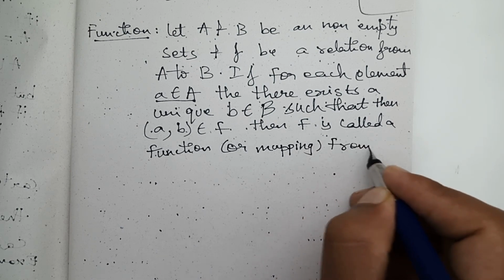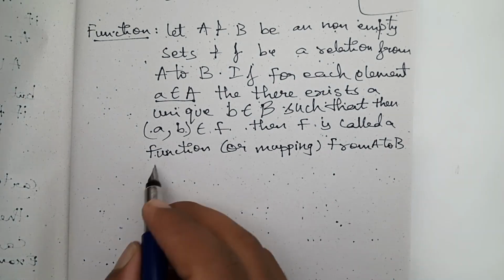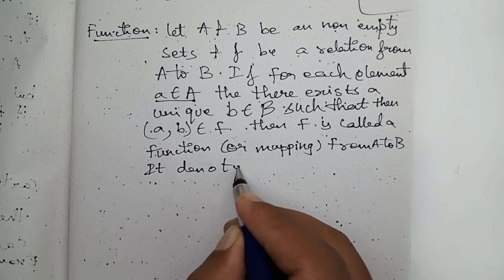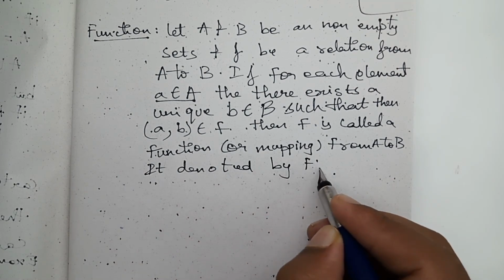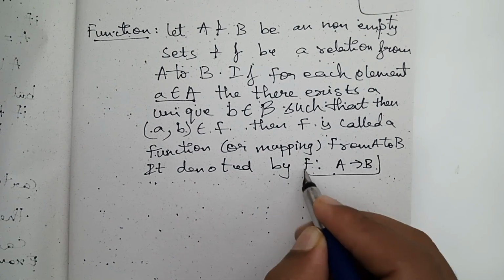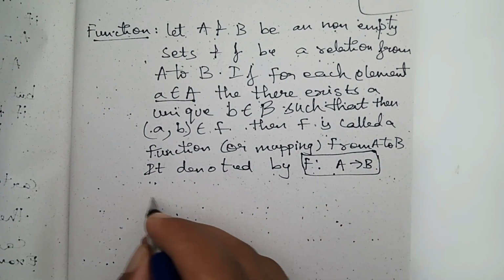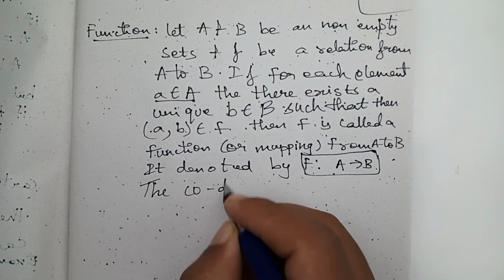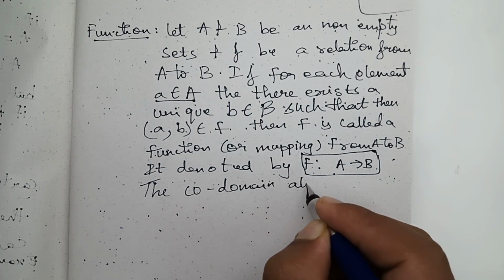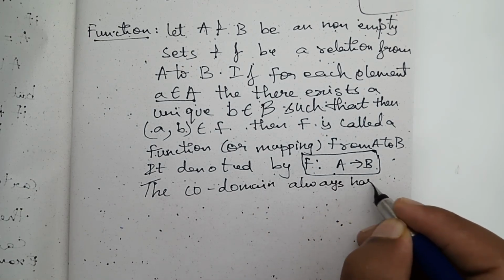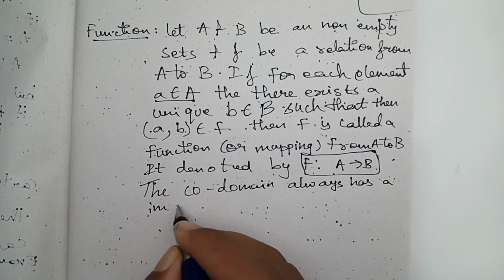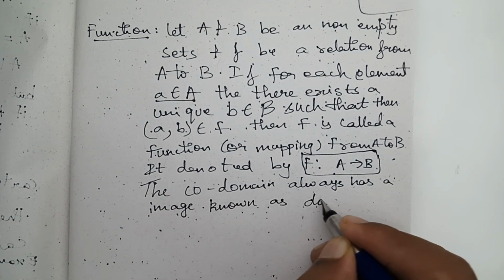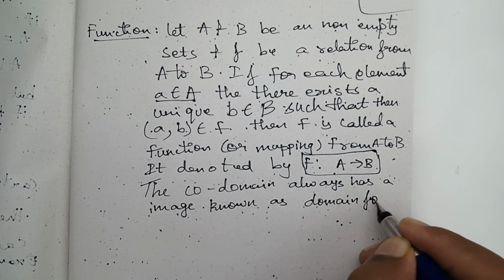Function from A to B. Okay, it is denoted by f: A → B, and the codomain always has an image known as domain for itself.